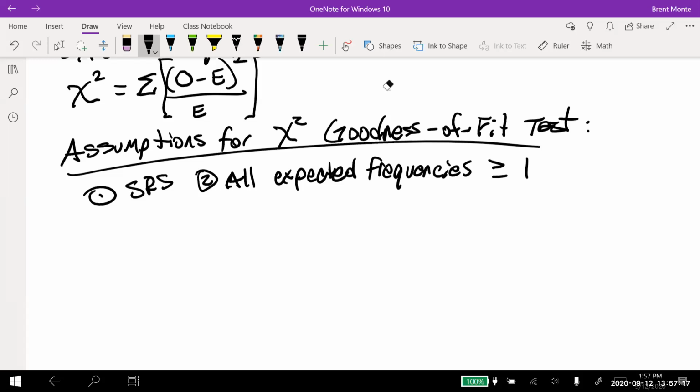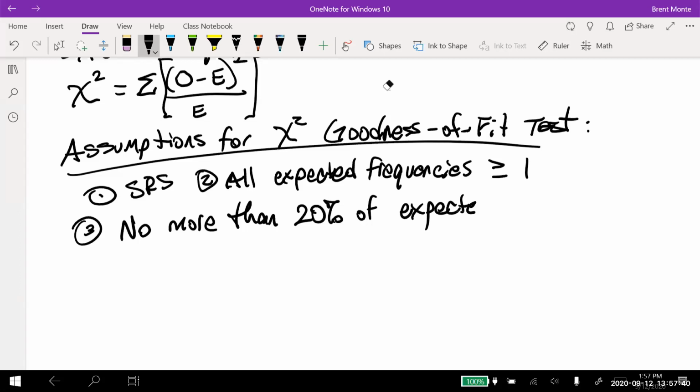We need at least 1 in each of the categories, but no more than 20% of the categories can be less than 5. So no more than 20% of expected values less than 5.